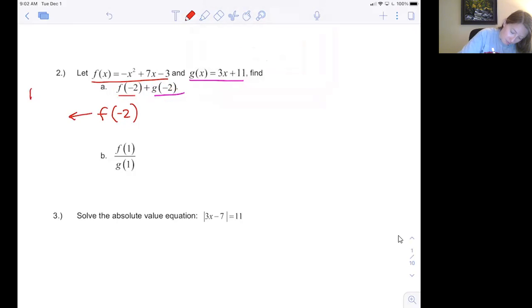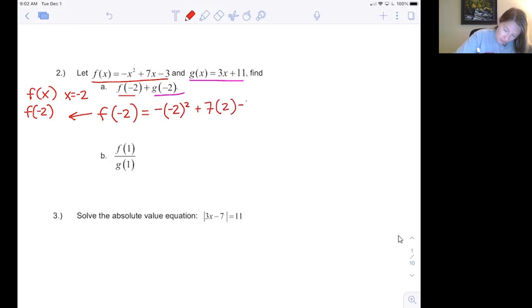If I'm looking at f of x and I'm trying to find f of negative 2, my x right here is being replaced by negative 2, right? So what it's asking is when x is negative 2. That's how I think about it, but you can just think of it as replacing all of these x's. So I've got negative 2 squared plus 7 times negative 2 minus 3.